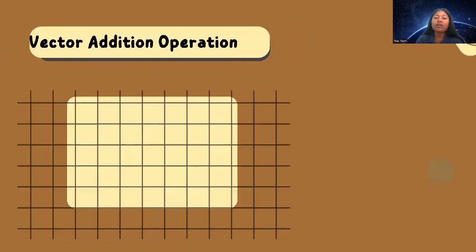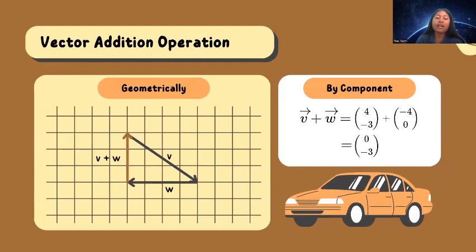Next, vector operations. One, vector addition. When we add vector P plus vector W, we simply add their corresponding components. Geometrically, this can be visualized by placing the tail of the second vector at the head of the first.